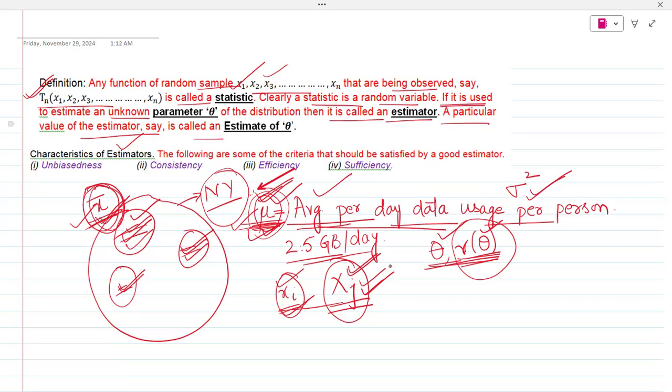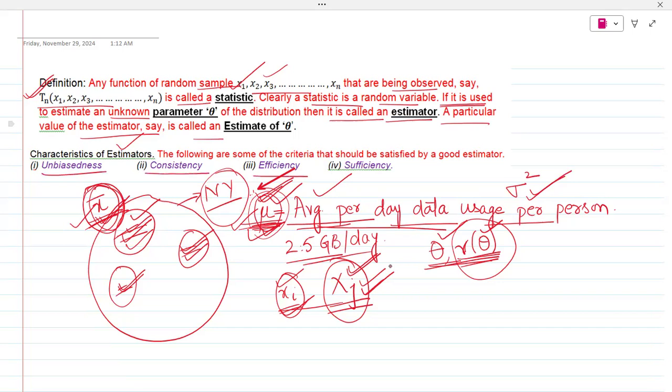Now, for a good estimator, statisticians and mathematicians have defined some characteristics. So what are the good characteristics of an estimator? It should be unbiased. It should be consistent.